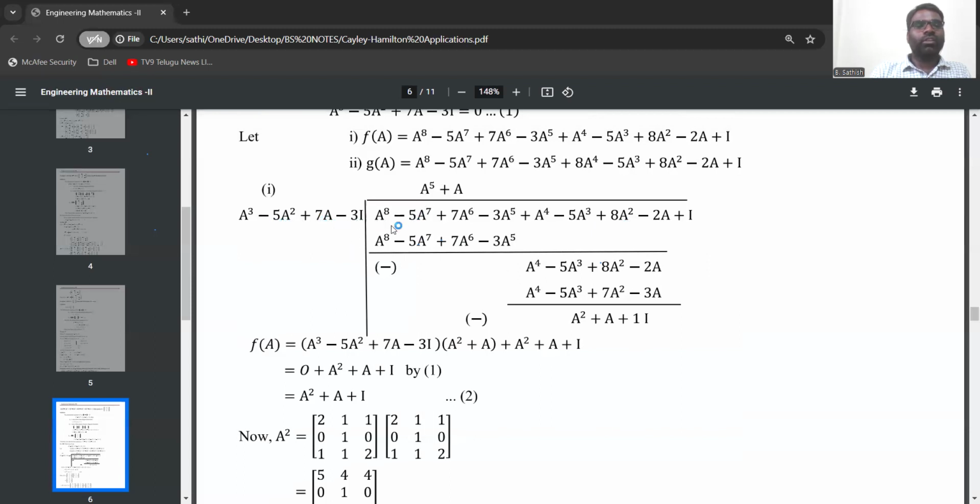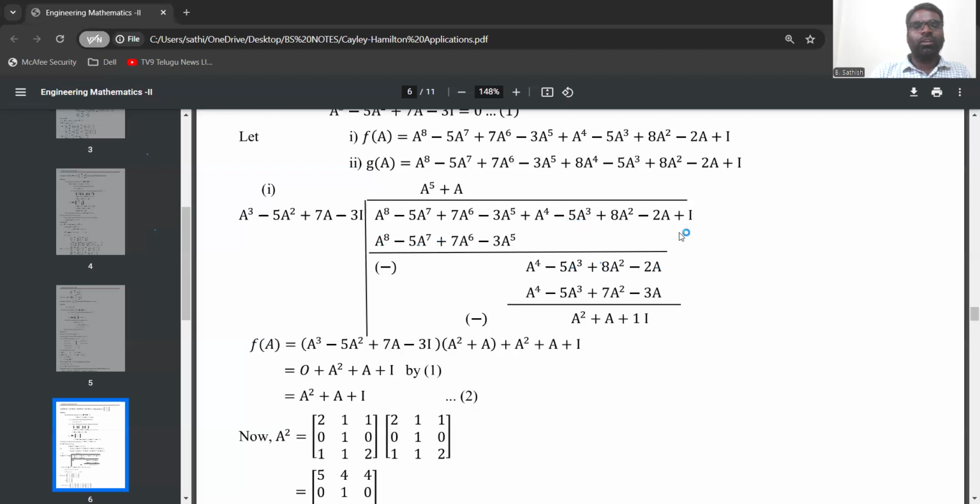The first term has A power 8, so we are multiplying the given equation 1 with A power 5. We'll get A power 8 minus 5A power 7 plus 7A power 6 minus 3A power 5. After subtracting, all these values vanish. The remaining part is A power 4 minus 5A cube plus 8A square minus 2A plus I. We keep the I the same as this, writing up to here only.